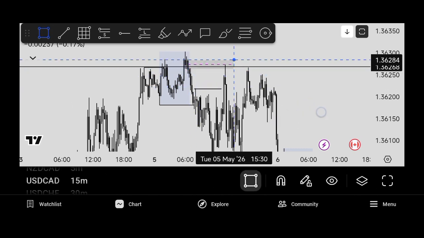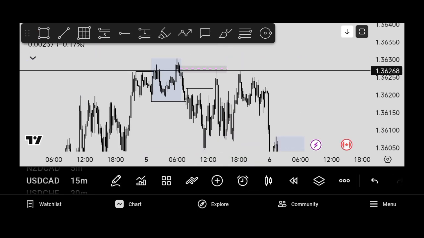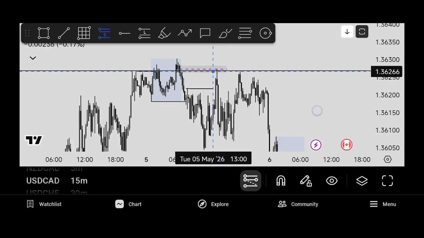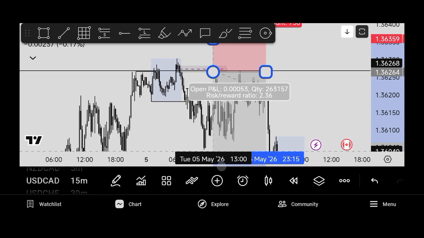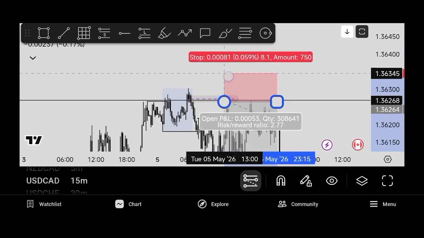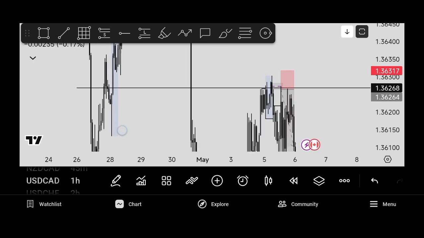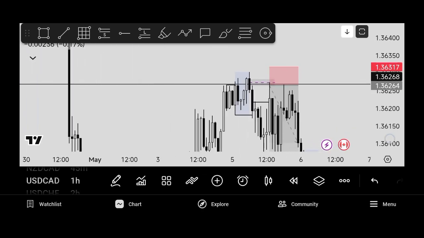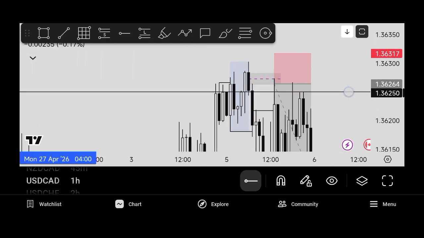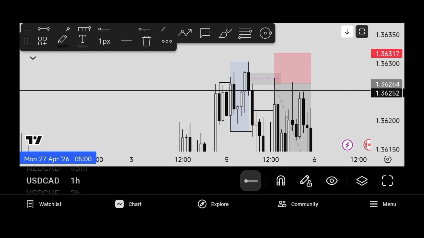I took my trade from this open close key level right here. That's where I took the trade from.